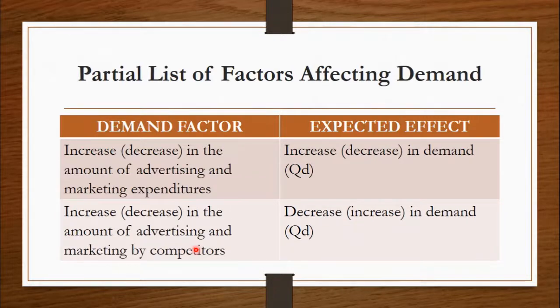Next is, there is an increase in the amount of advertising and marketing expenditure. So, of course, your demand will also increase. But take note, sa next one, if there is an increase in the amount of advertising and marketing by competitors, so ang imuhang competitors ang nag-intensify sa ilang advertising and marketing, so of course your demand will decrease.